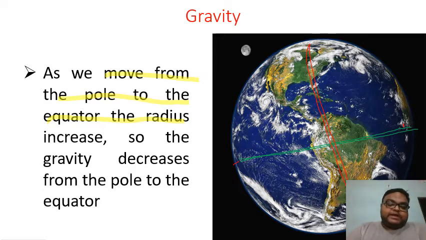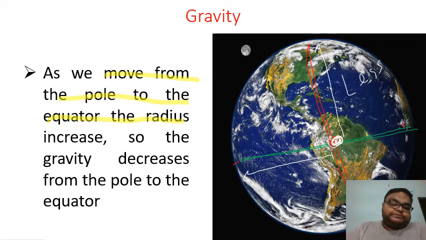To explain it very simply, let's point out this as a reference point. I am marking this as a reference point. Now the distance from here till here will be less than the distance from here till here. Understood, students?